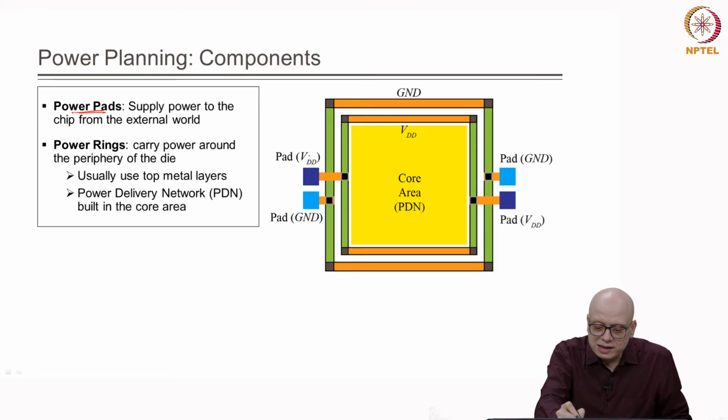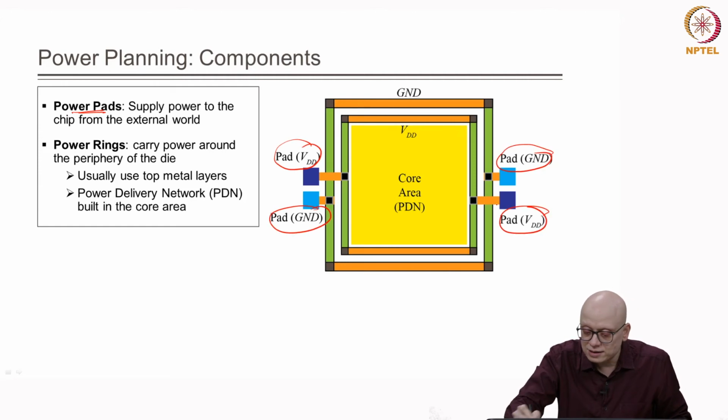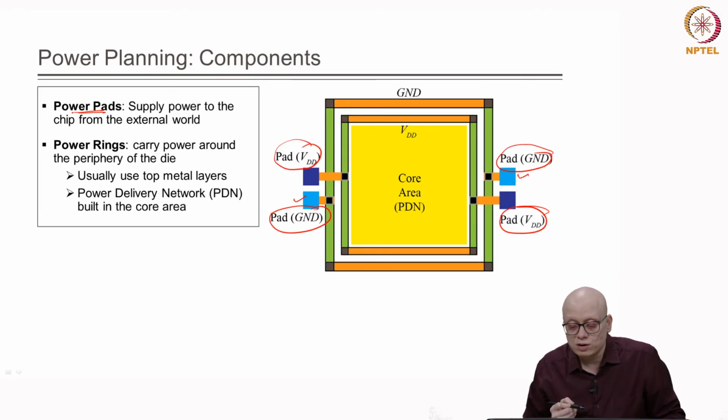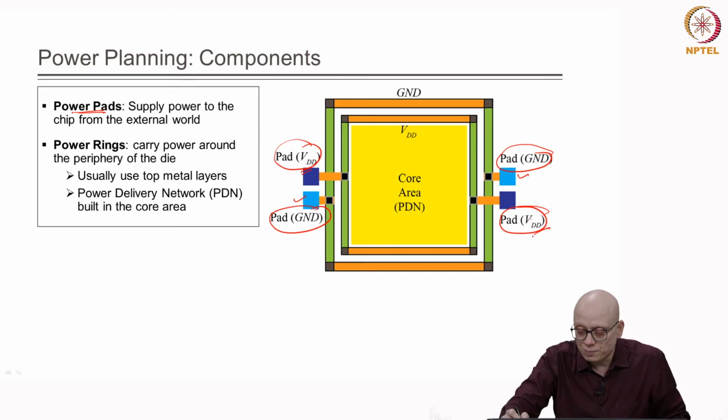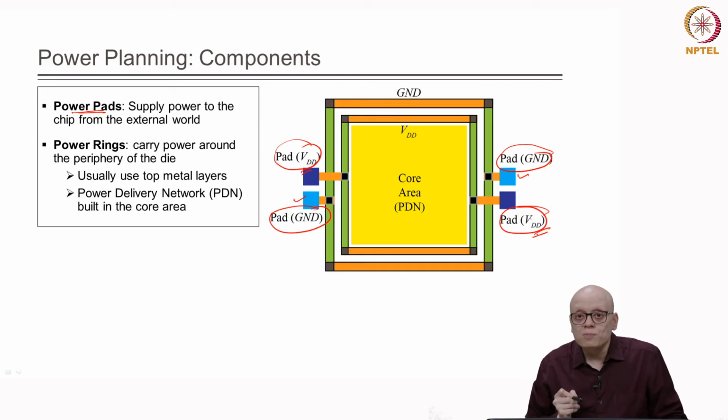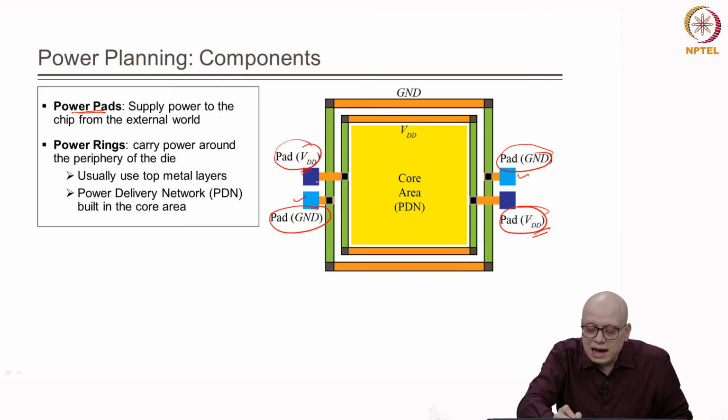In this case, I am showing there are 4 power pads. The light blue ones are ground power pads, and the dark blue ones are the VDD power pads, right.